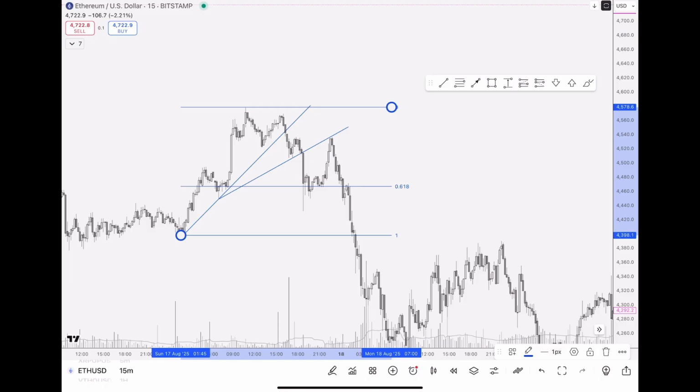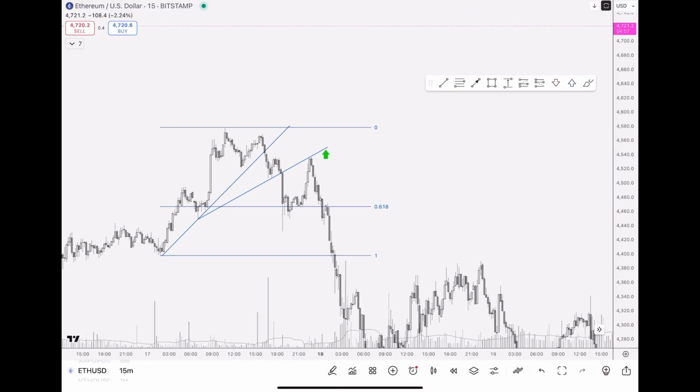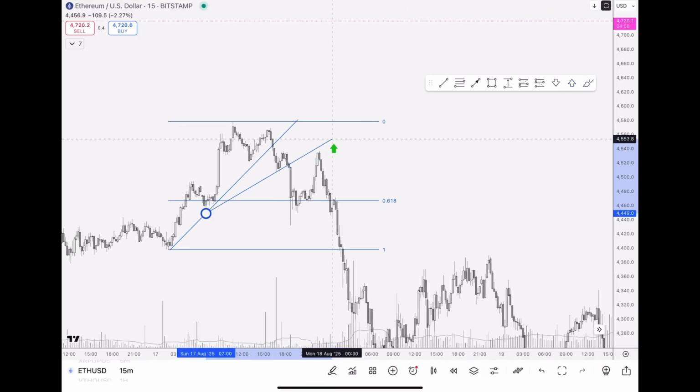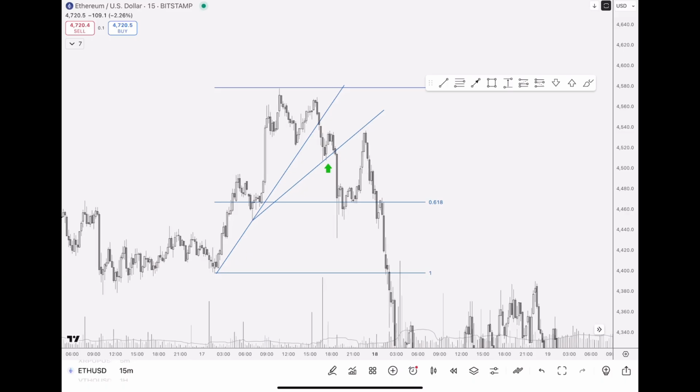It would actually have been difficult to enter the trade because of the first candle confirmation, depending on how you draw this, and it's good to use alerts for when the price breaks your lines. So zoom in a bit.